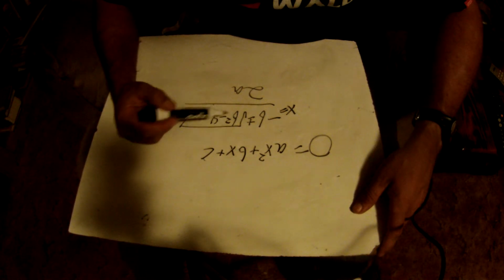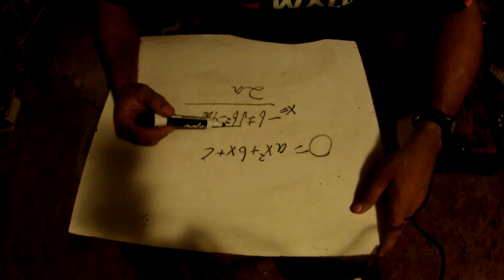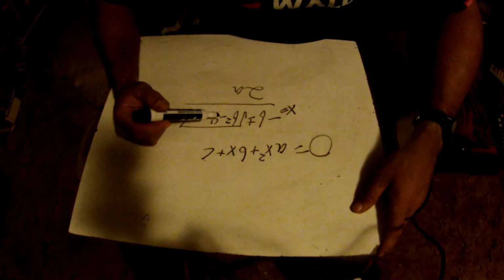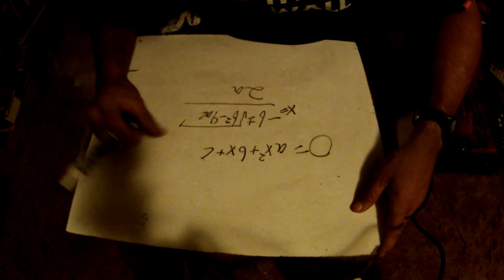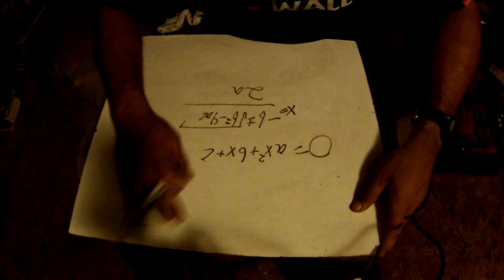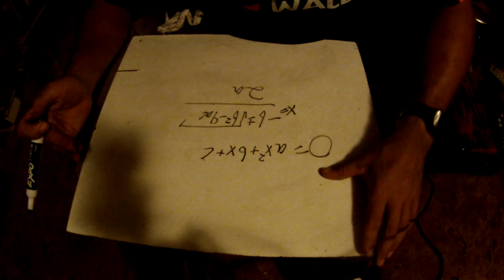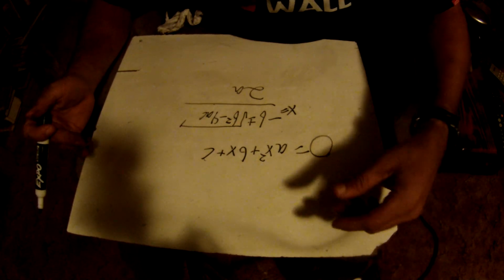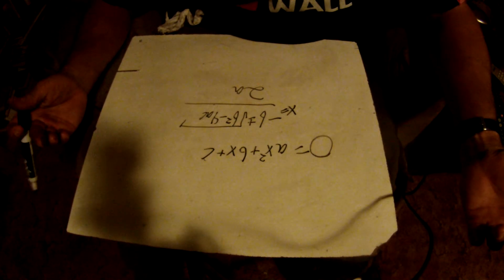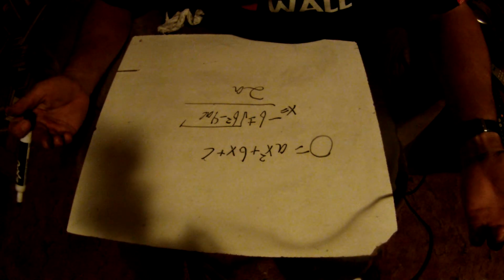Whatever's under the square root, it better be positive. If it's negative, then your answer doesn't make any sense. That means you made a mathematical error somewhere, because it's a physical reality question. It's not illogical for a ball to fall that height.